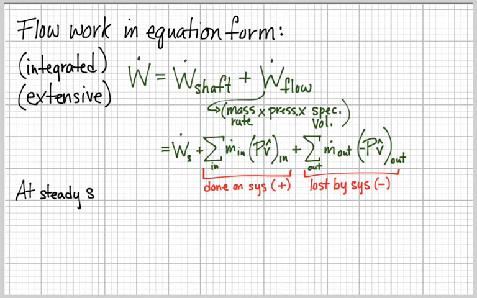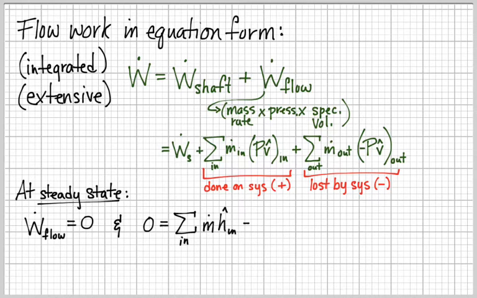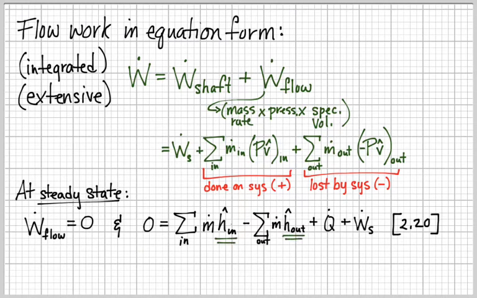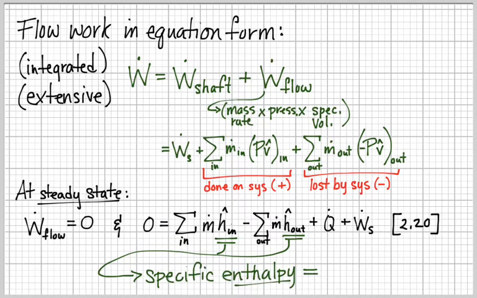Okay. Now, at steady state, we're at non-equilibrium, but the flow work is perfectly balanced. There is zero flow work happening, and I can express that additionally, that flow work, as a sum of mass times this term H. This H hat in, and H hat out, which in thermodynamic language is going to be called specific enthalpy.